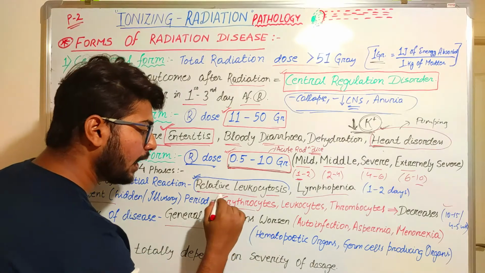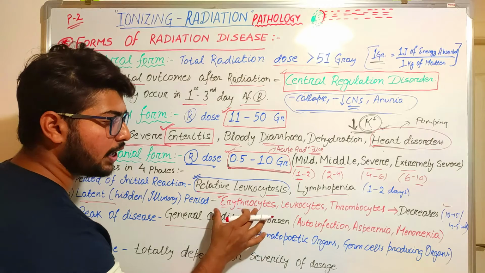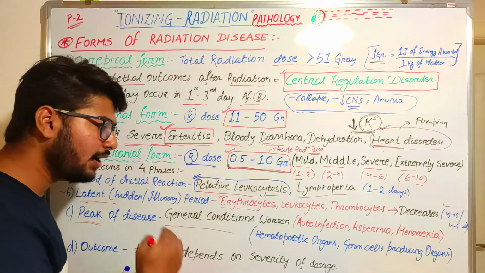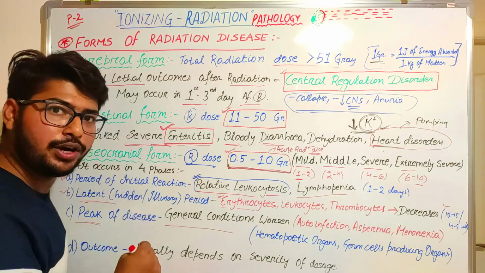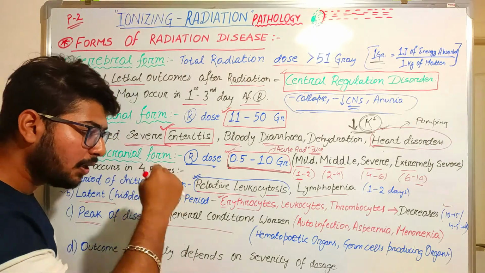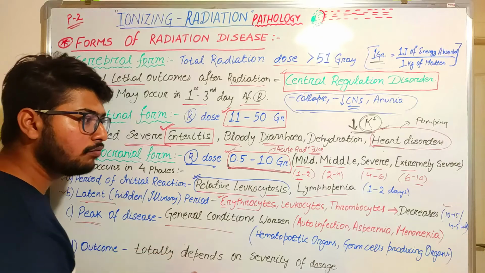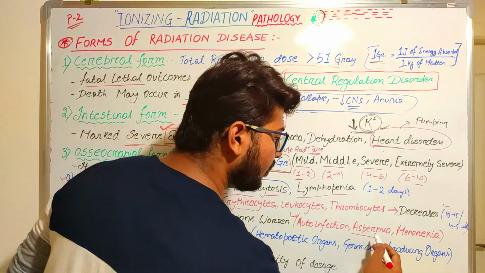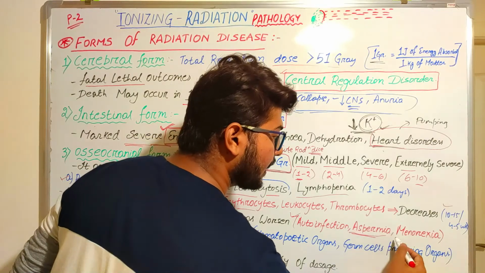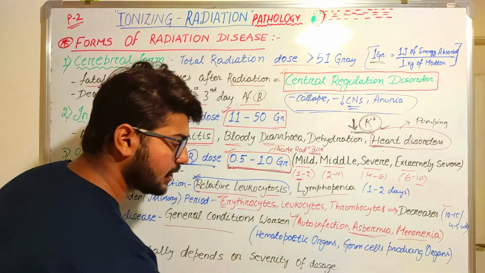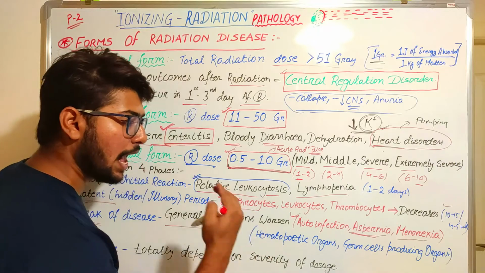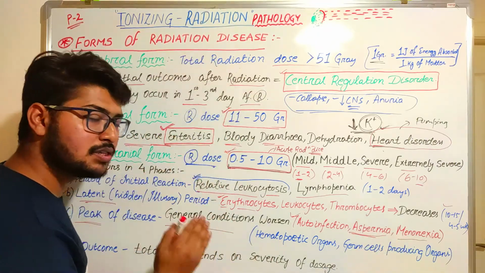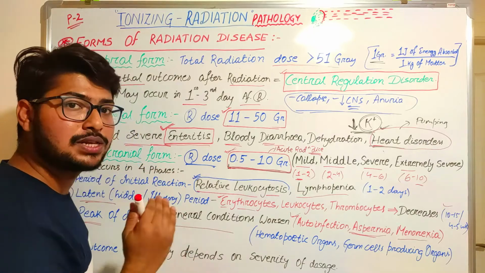Because the blood count, erythrocytes, leukocytes, thrombocytes, the components of the blood, is already decreased, so our immunity will get decreased, and that decrease in immunity will lead to auto infection, and there will be arising of certain conditions like aspermia and menorrhexia. Aspermia means absence of production of sperm, and menorrhexia means absence of a menstrual cycle.